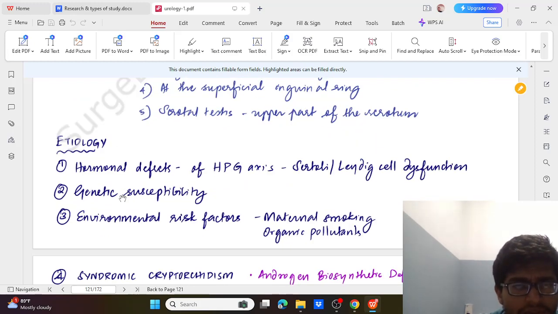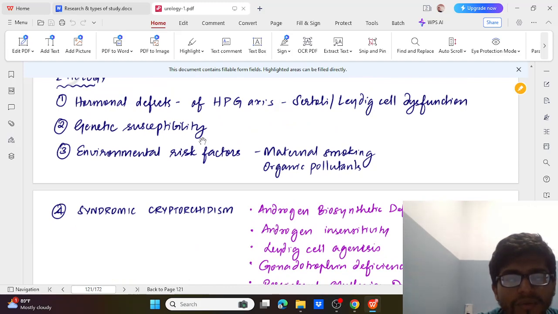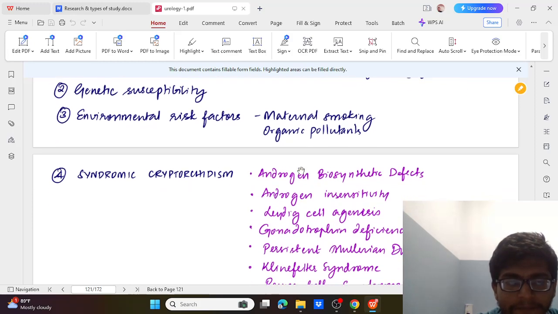What is the etiology? There could be a hormonal defect due to a defect in the hormonal axis, that is the HPG axis, and Sertoli Leydig cell dysfunction, genetic susceptibility, and environmental risk factors, that could be due to maternal smoking or organic pollutants.